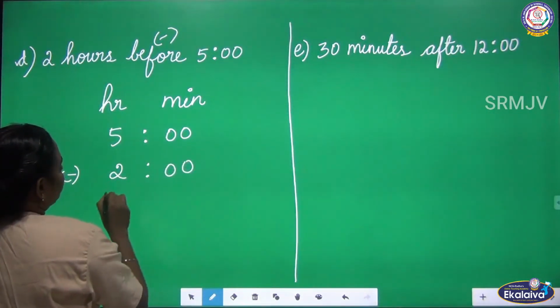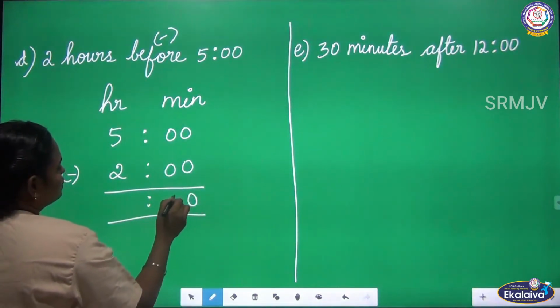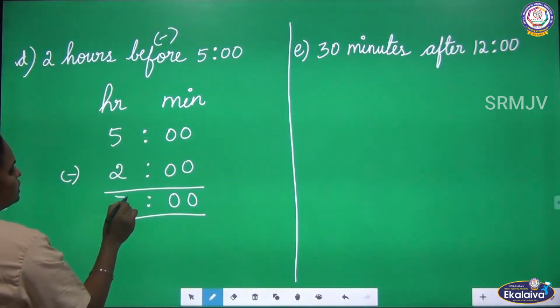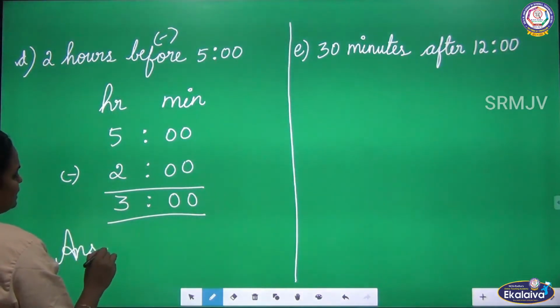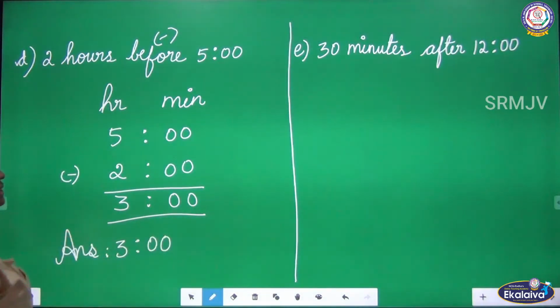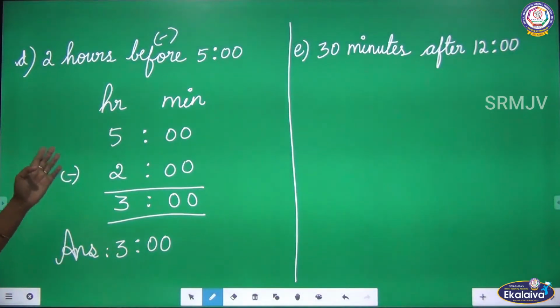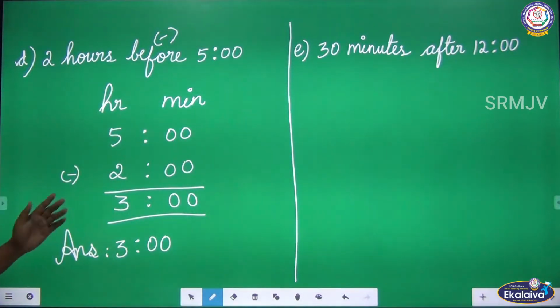So 0 minus 0 is 0, then 5 minus 2 is 3. So 2 hours before 5 hours is 3 hours.